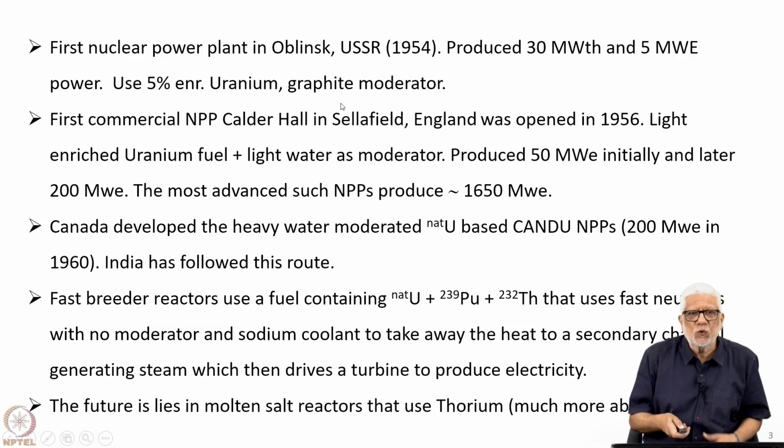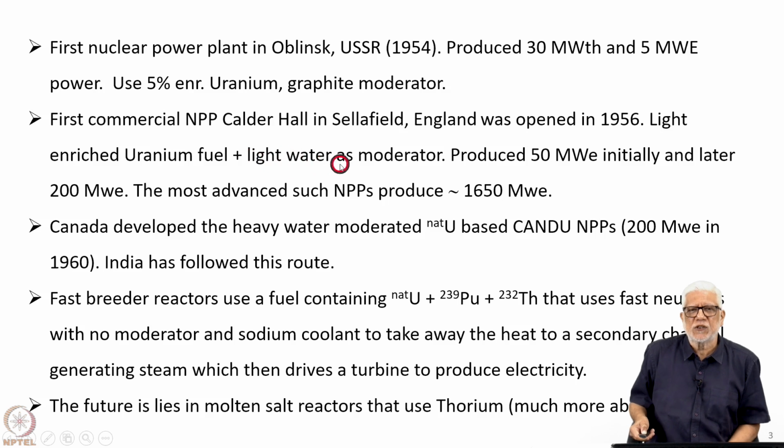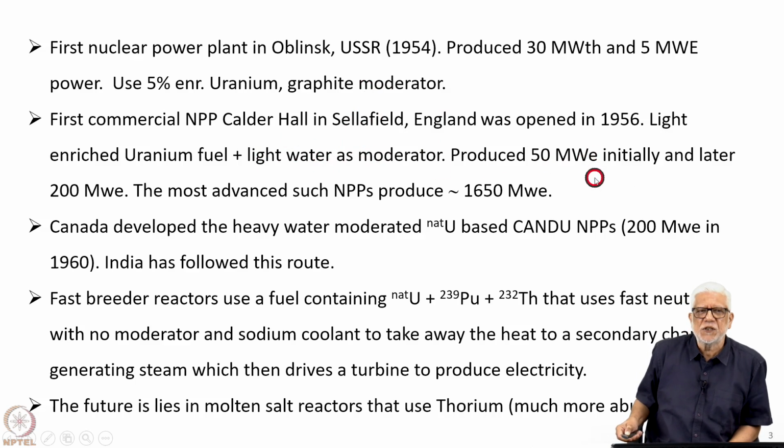The first commercial nuclear power plant in England was opened in 1956. It used similar lightly enriched uranium fuel, but light water as a moderator, not graphite, because graphite in principle can burn, and water is, of course, safer in that way. It produced 50 megawatt electrical initially, but then later it went up to 200 megawatt electrical.